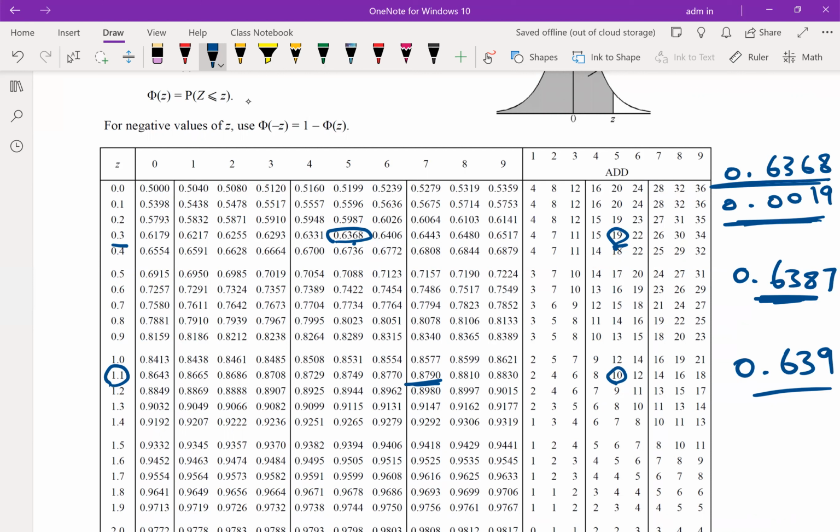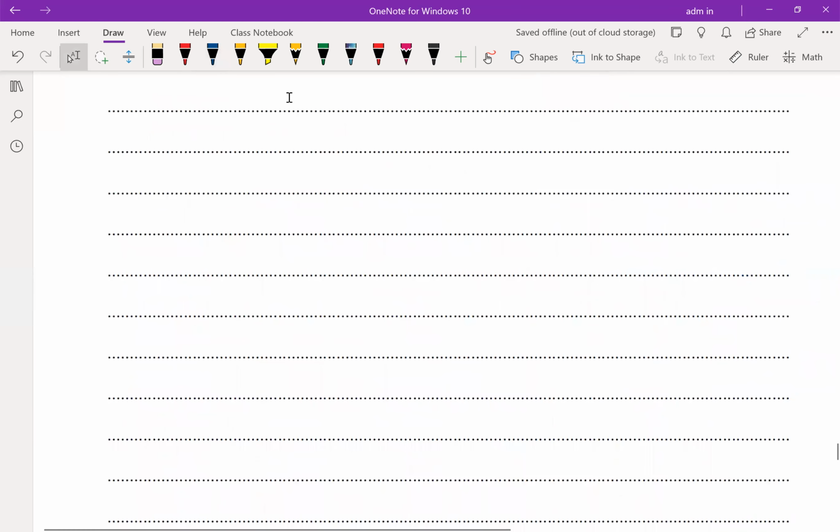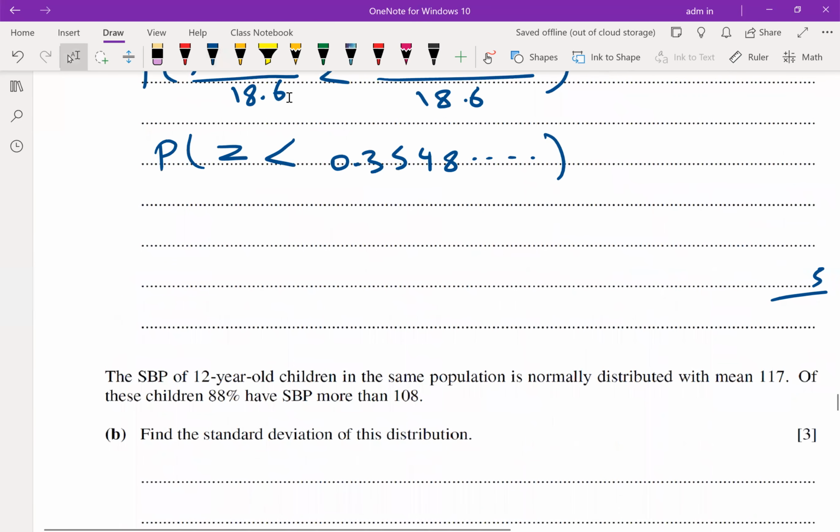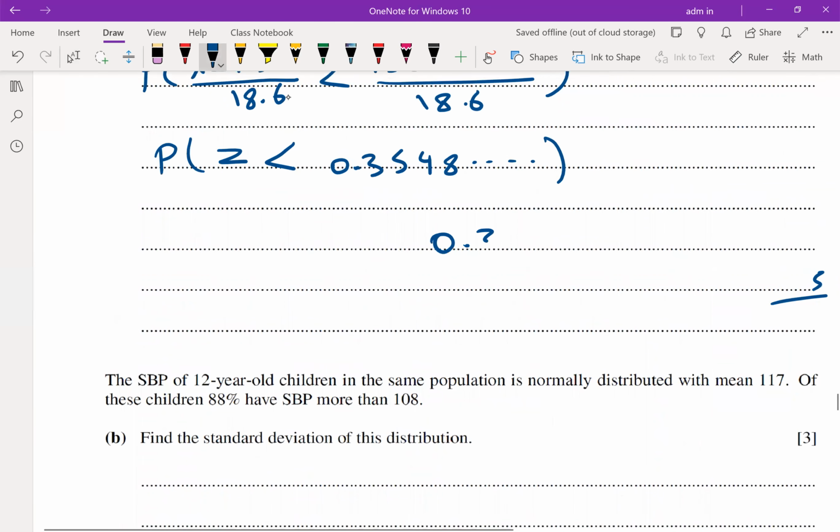Then we'll add to get your answer, which will be 0.6368 plus the increment. So you can write your answer 0.639. 0.639 is the final answer for part A.